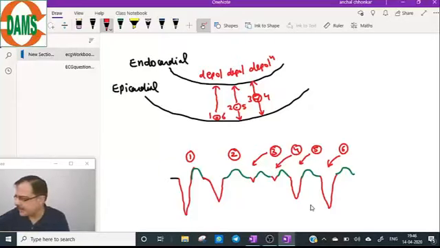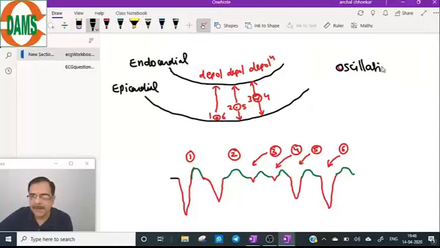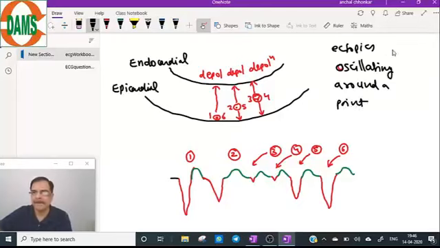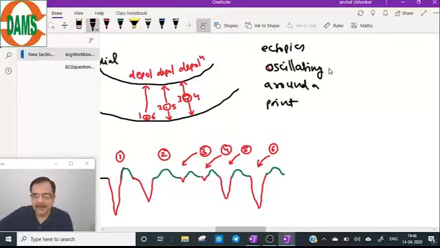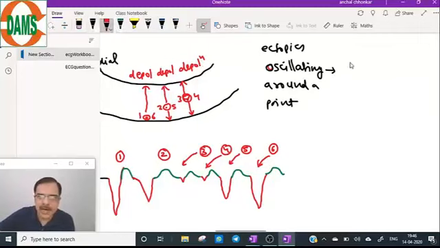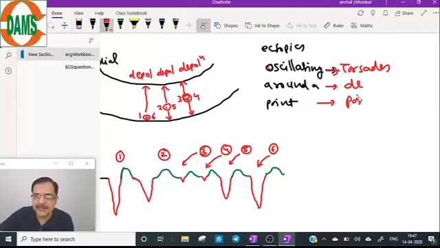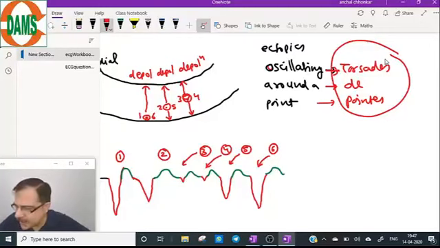Oscillating means torsades, around the point means de pointes. So this is torsades de pointes.